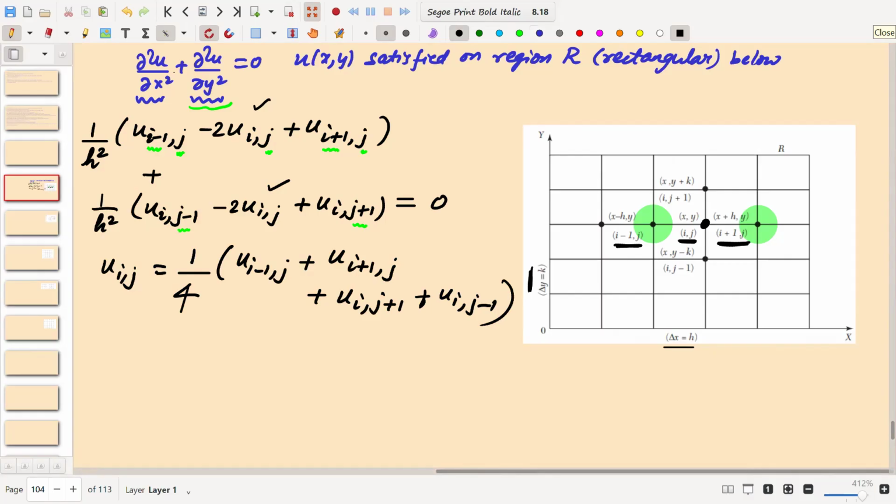Will h² come? You have a 0, right? Can h be 0? h is a step size, right? h cannot be 0, so the other quantity has to be 0. So then h won't be there now.